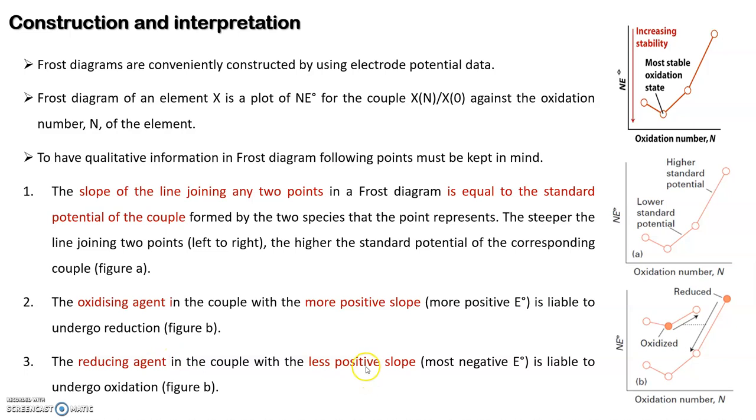Similarly, the more negative or less positive the slope, the better is the reducing agent, and the higher is the tendency to undergo oxidation. This slope is steeper than this, so this slope has higher oxidizing power and this species will undergo reduction. However, this slope is a bit less steep, so this species is a better reducing agent and will undergo oxidation.